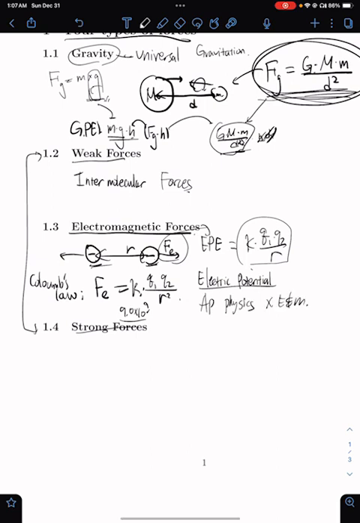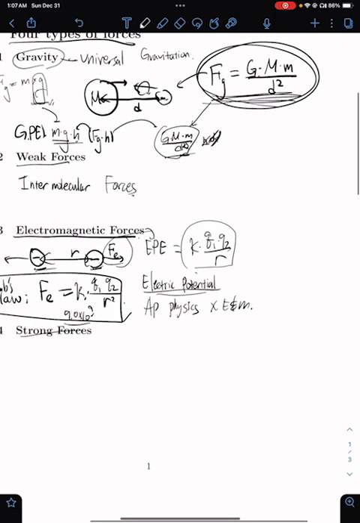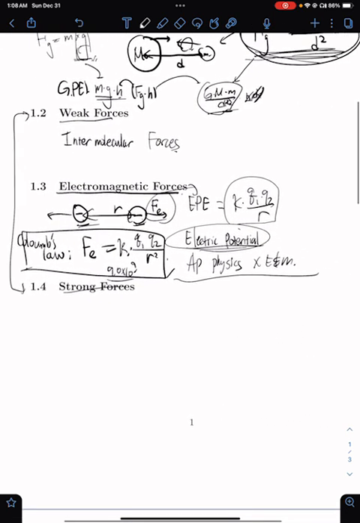It does have Coulomb's law, I believe. You do need to know that. But electric potential, circuit analysis, that type of stuff you don't really need to know for this exam. So we're not going to learn this too much here.